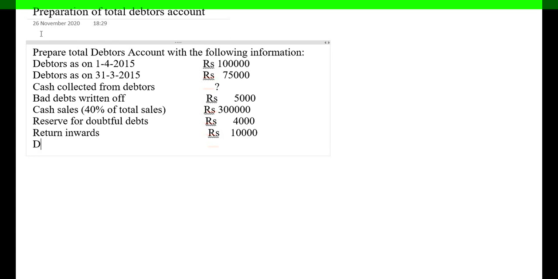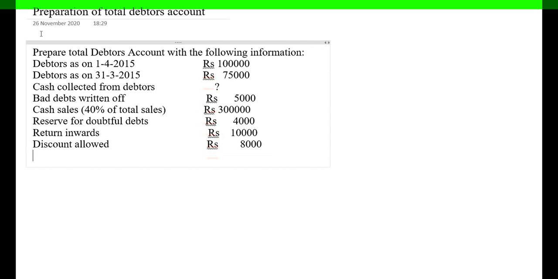Then discount allowed, that is rupees 8,000. So this is a question which is asked for 2016 December paper here.